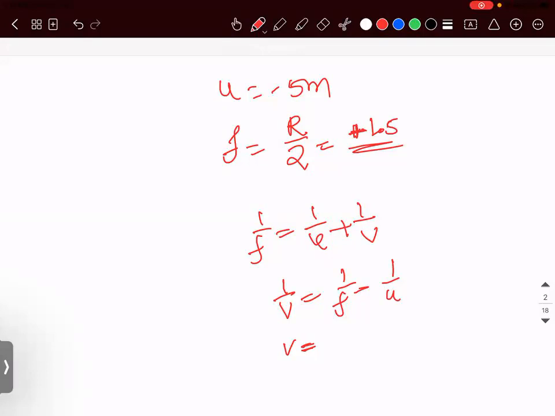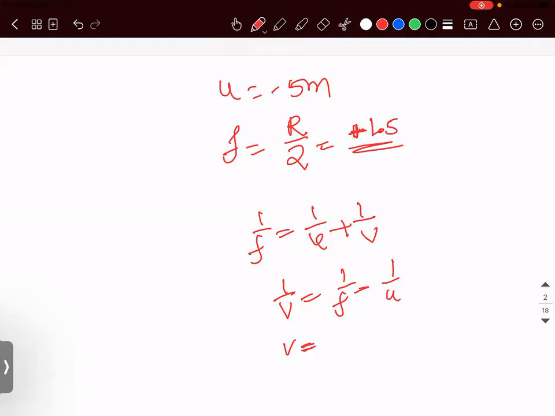That's a good way of doing. Multiply with 10, what will happen? It's 10 by 10 by 15 plus 10 by 15.